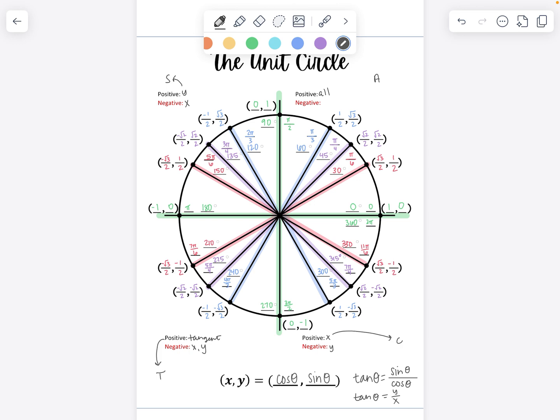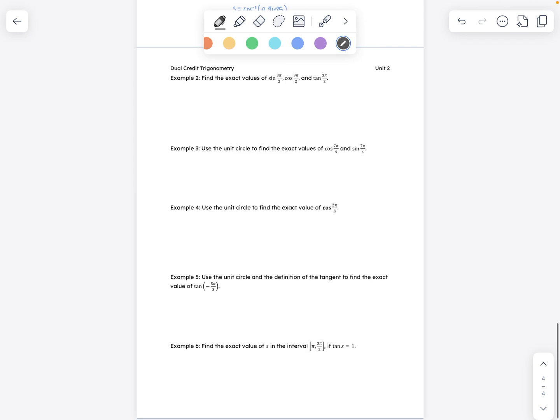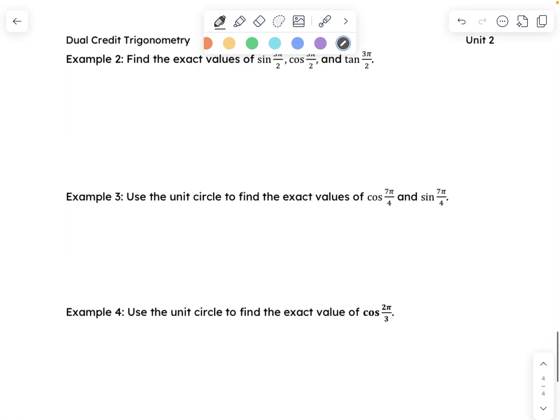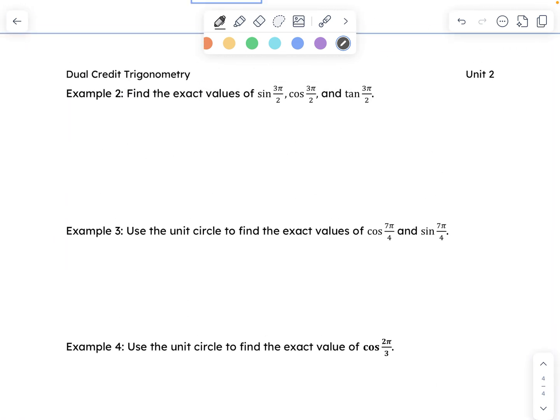So let's talk about how we can use our unit circle to actually find some of these values. So that's what I have on our next page down here. So it says find the exact values of sine of 3 pi over 2, cosine of 3 pi over 2, and tangent of 3 pi over 2.